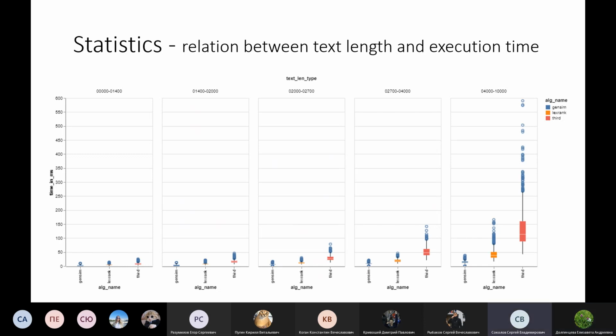Well, I think it will be really interesting to see how it works, because the problem is important. We have a lot of information around us, and sometimes we want to see an automatic abstract instead of a long text.